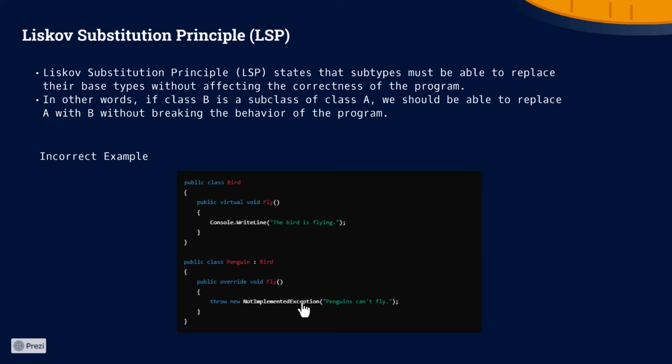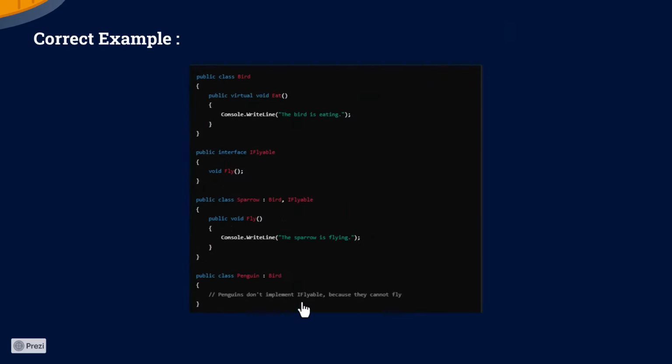In order to avoid those validations inside of the Penguin class, inside of the fly method, we can go ahead and create different options. So for example, dividing the bird classes. I have Bird, right? I know that inside a bird there's a function called eat. The bird is eating.